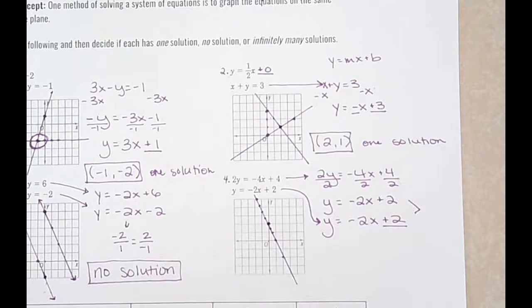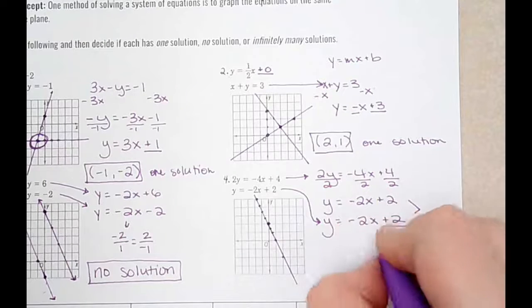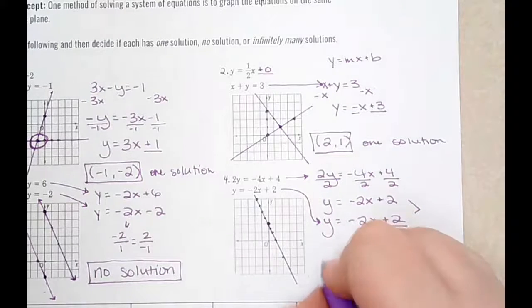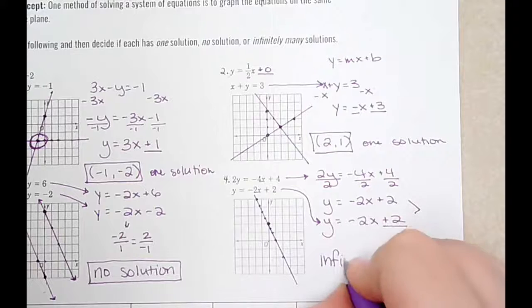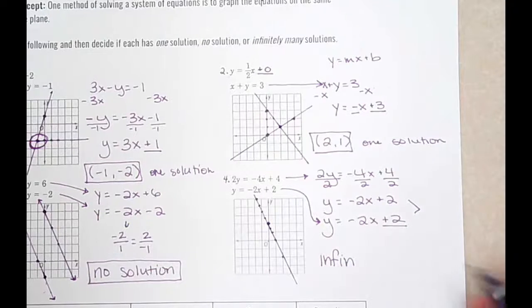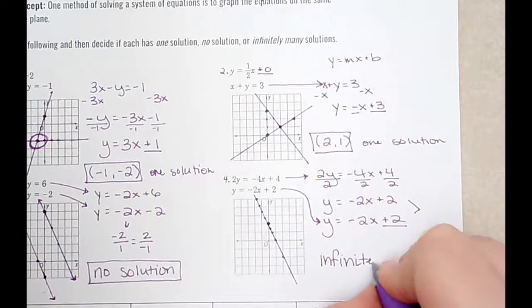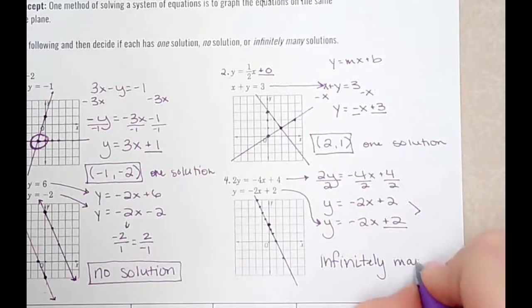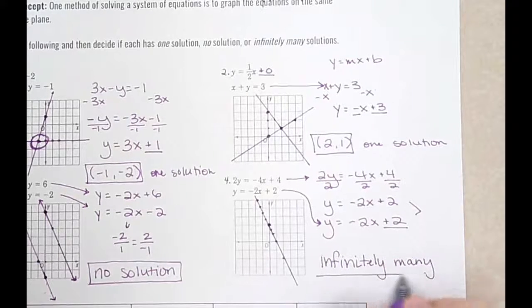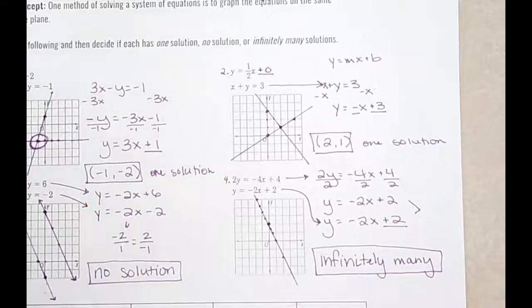All of them. So when we have two lines that are the exact same, since we can't identify one point, we are going to say that we have infinitely many solutions, or infinite. Either one, the shorthand is fine too. But this has infinitely many solutions.